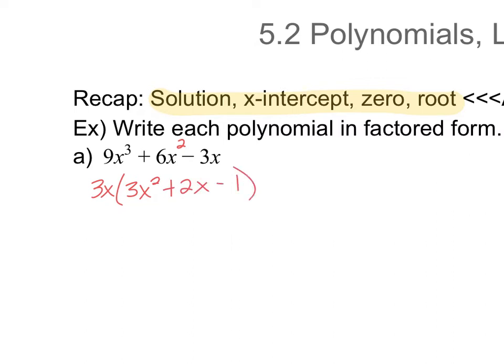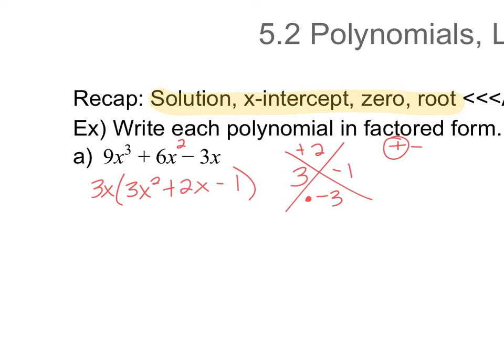Okay, so now don't forget about that 3x up front, but we can factor with the product sum method what's in the parentheses. So we're going to see what adds to be 2 and multiplies to be 3 times negative 1, so negative 3. So that would be a positive and a negative, and the bigger number is positive, so it looks like 3 and negative 1.